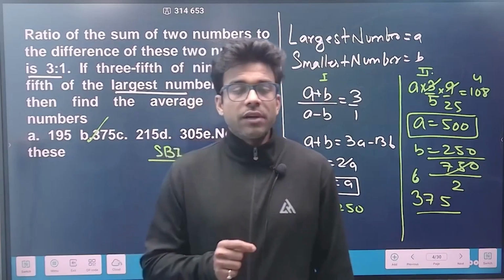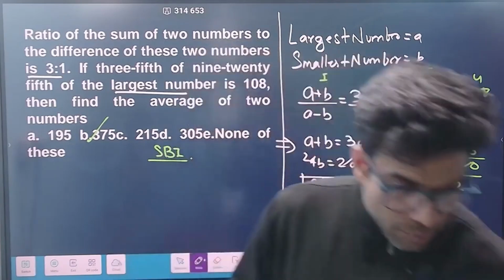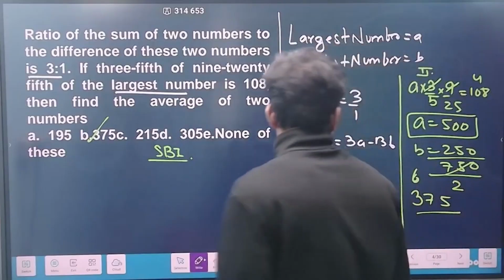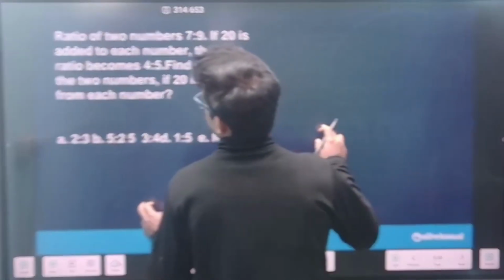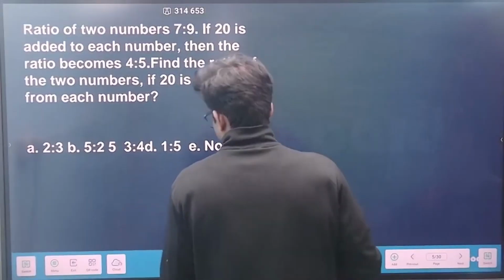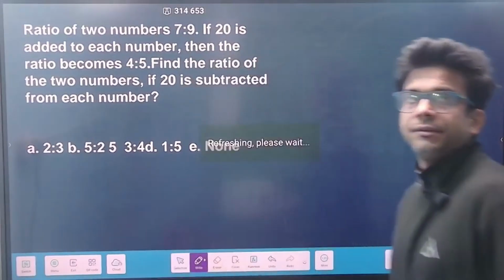Read the question properly. I would say at least read the question properly. Okay, let me go for this. Solve this, guys. At least take out your pen and paper and try.